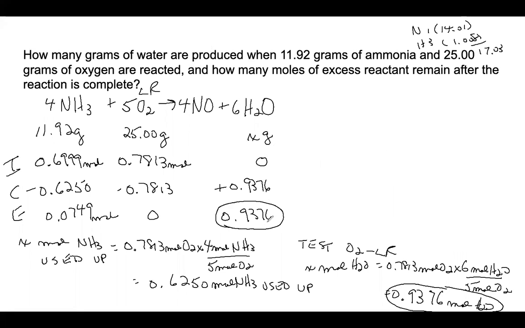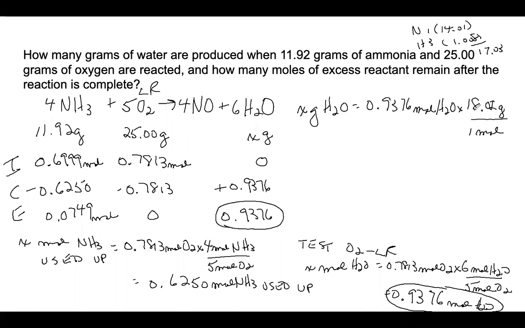So now we just have to change these moles to grams. So X grams of H2O equals 0.9376 moles of H2O times, do a molar mass, and we get 18.02 grams of H2O for every 1 mole of H2O.